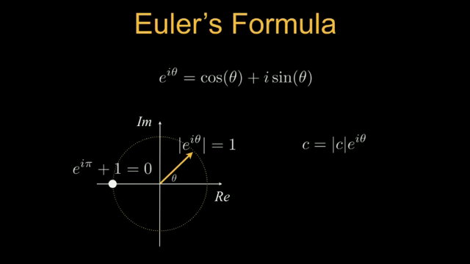Under these conventions, we can write a complex number as the multiplication of its magnitude with its angle or phase, which is something we've been using a lot for MRI. You can see that the conjugate of this is merely flipping the angle. The magnitude stays fixed, as we've seen in the previous slides.